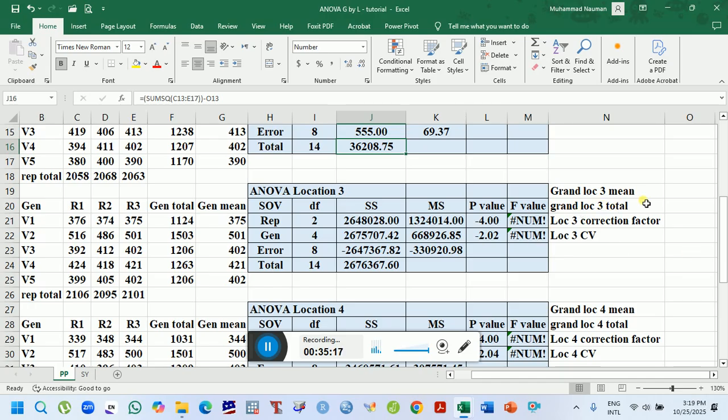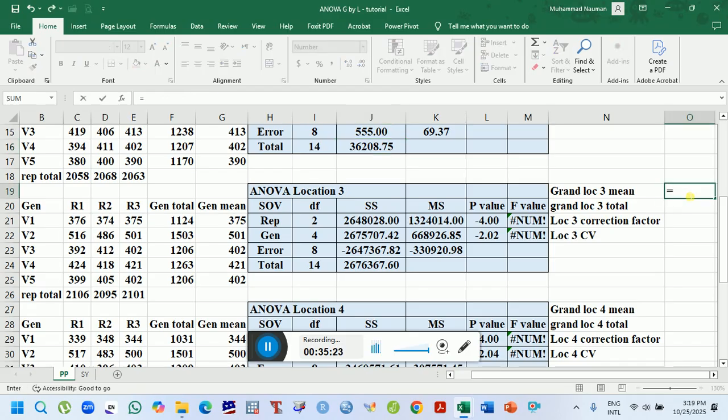First we will calculate the grand mean for location 3 is equal to average. Make the selection. Grand total is equal to SUM.